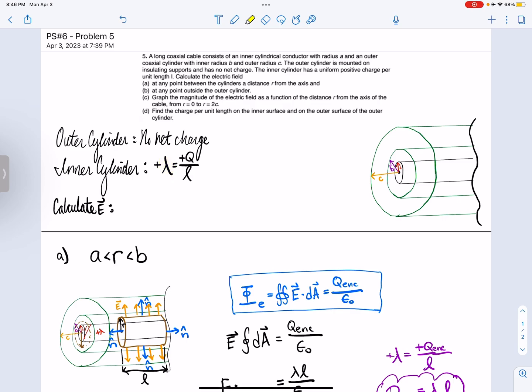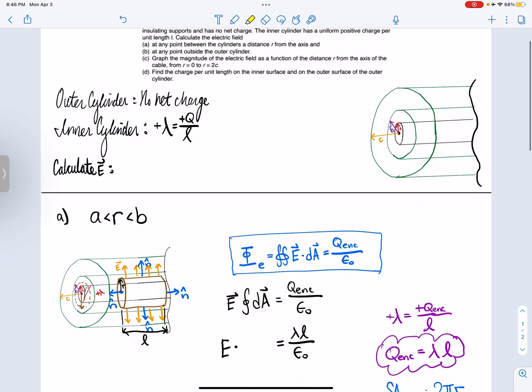So part A, calculate the electric field at any point between the cylinders, a distance r from the axis. If we want to calculate the electric field here, between the cylinders, then our radius would have to be between radius A and radius B, the space between the two cylinders.